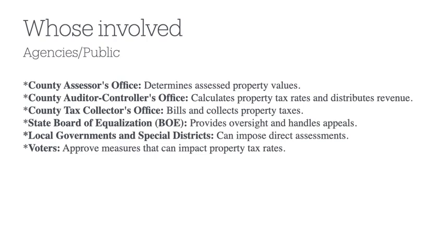And then you've got your state board of equalization, who provides the oversight. And if you're going to appeal something on your tax bill, then they get involved. And then you've got your local governments as well, your city governments and special districts. And then the voters, obviously, people vote in laws, or they vote in for bonds. Bonds especially are things that can affect our tax bill.